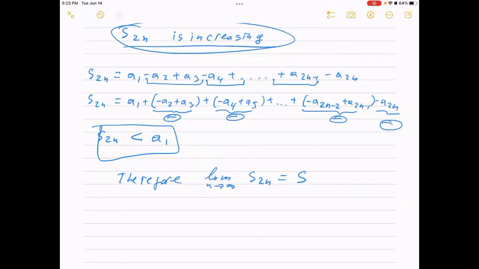Now recall that to get the infinite sum, we need to take the limit of all partial sums, not only even. So now let's look at odd partial sums.